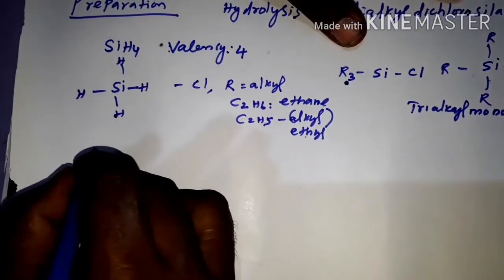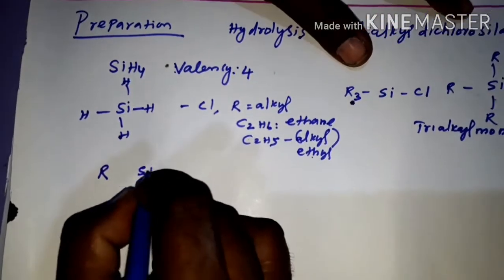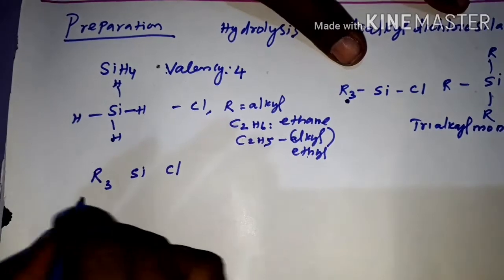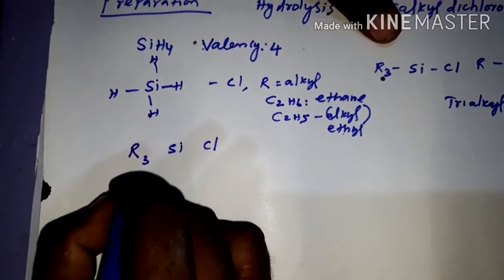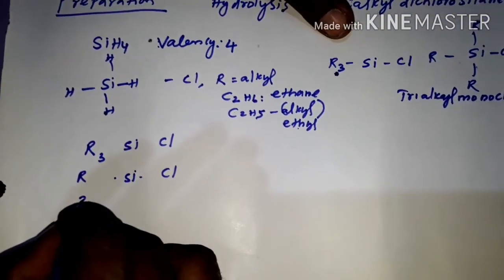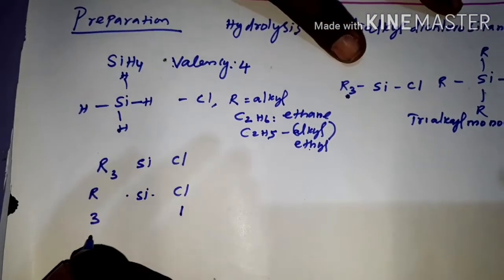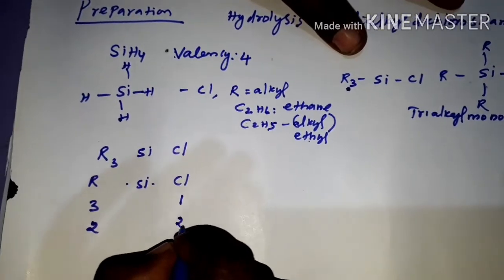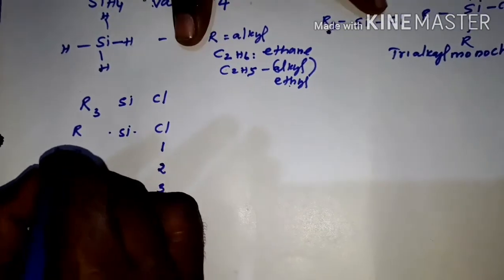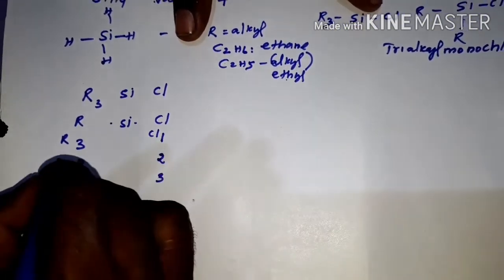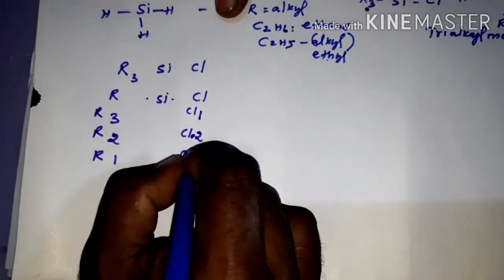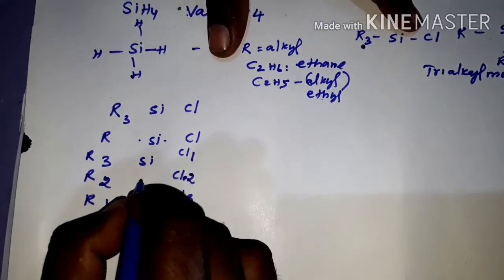Generally it is R, Si, Cl. So R3SiCl1. If it is R3, the chlorine will be 1. If it is R2, the chlorine will be 2. If it is R1, the chlorine will be 3. So I am writing R3Cl, R2Cl2, then RCl3, and in between Si must come.